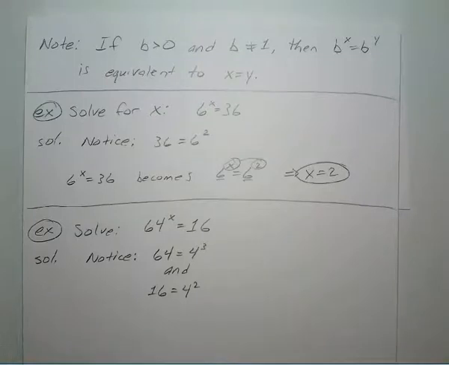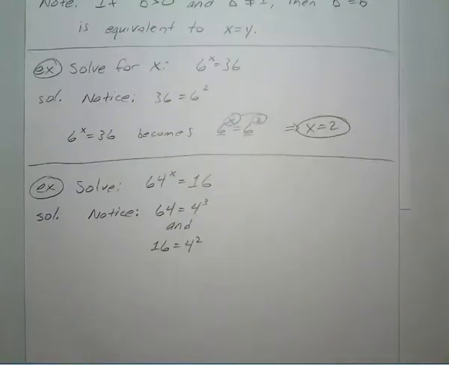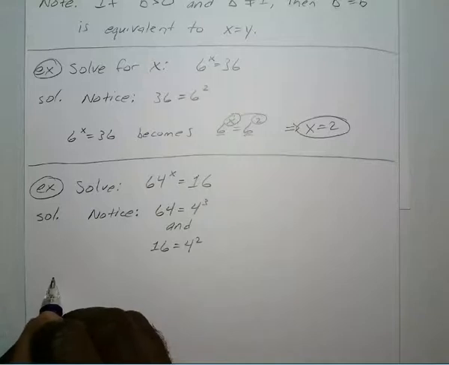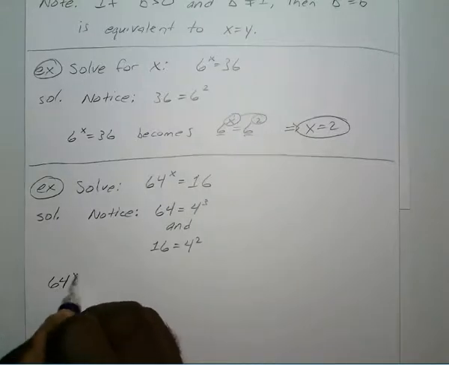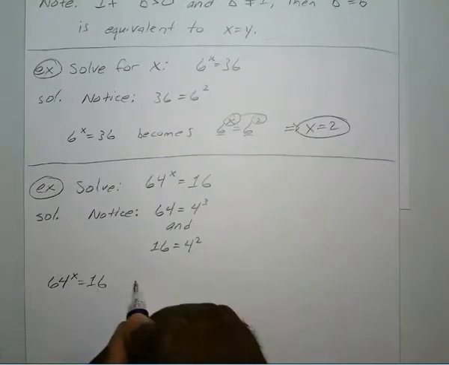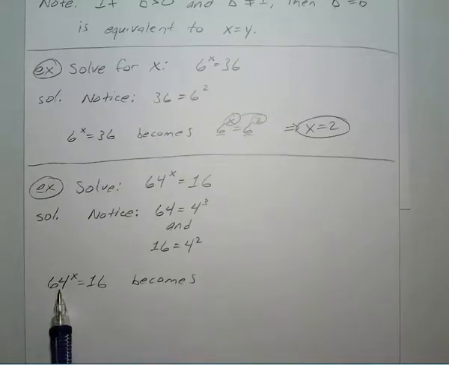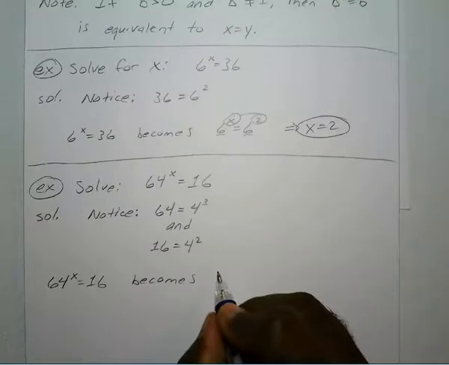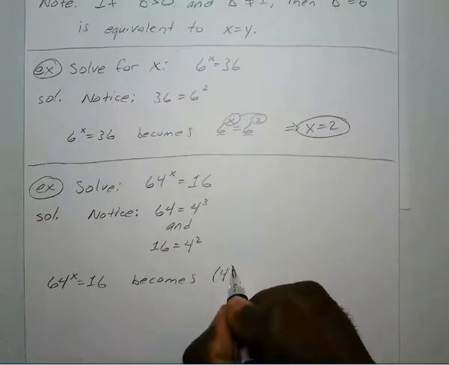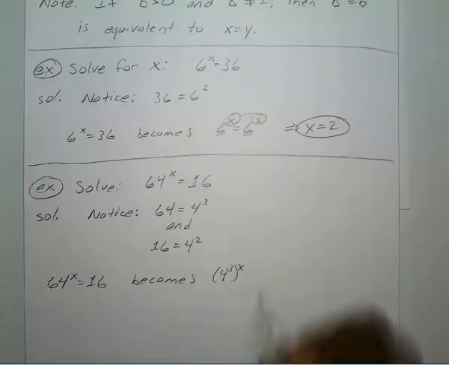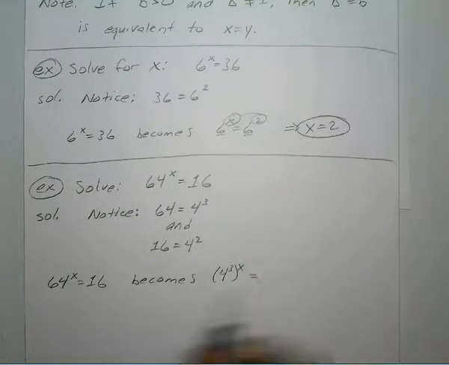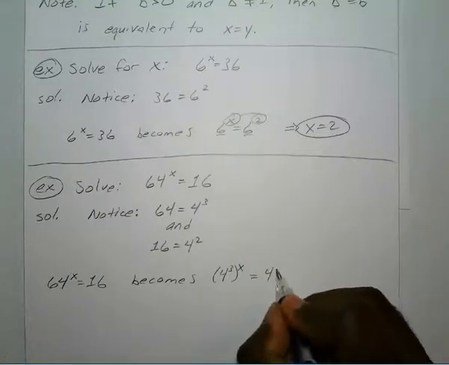Alright, now noticing those two things, our 64 to the power of x equals 16 becomes, remember 64 is 4 to the third power, so you have 4 to the third power to the power of x equals 16, which is 4 squared.